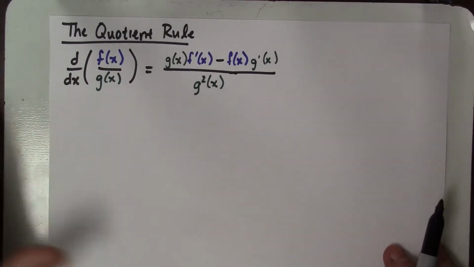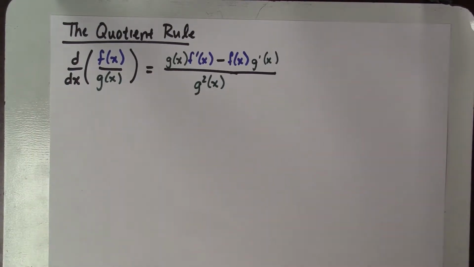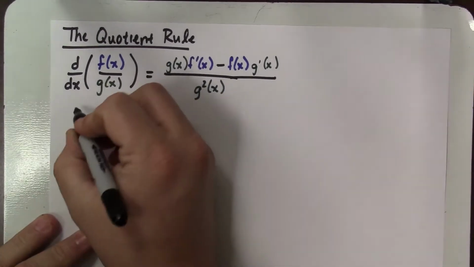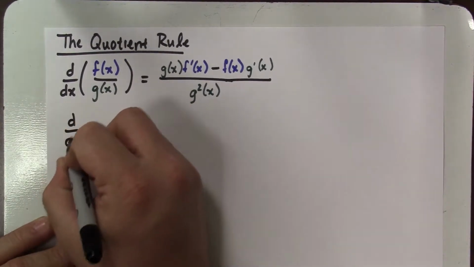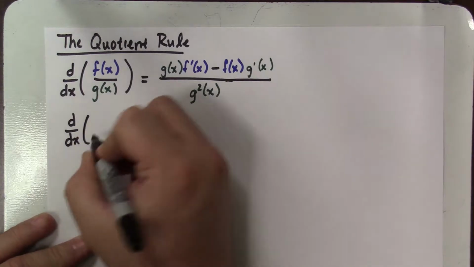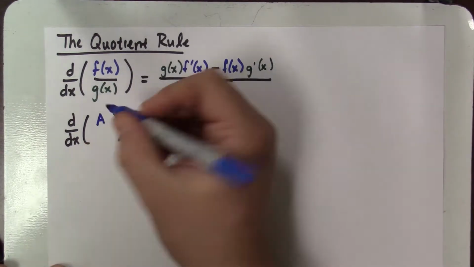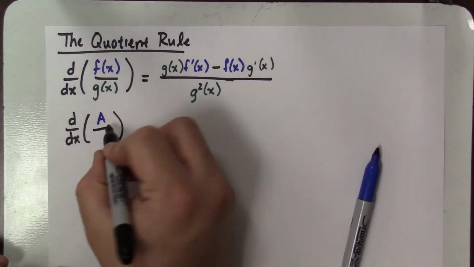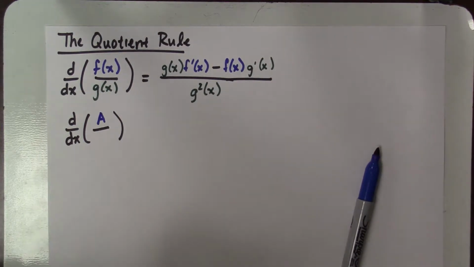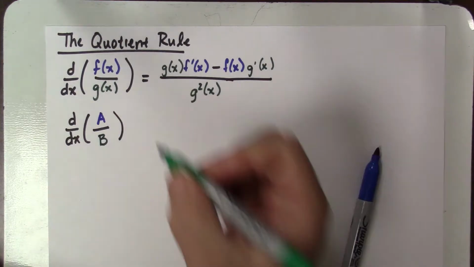But what I want to focus on here, just like we did at the start of the product rule videos, I want to look at the derivative with respect to x of some function on top over a function on the bottom.